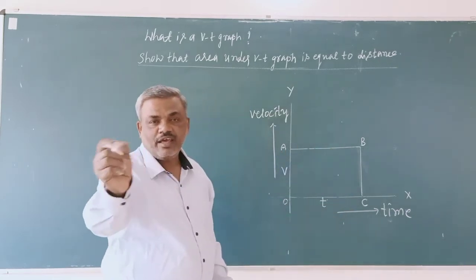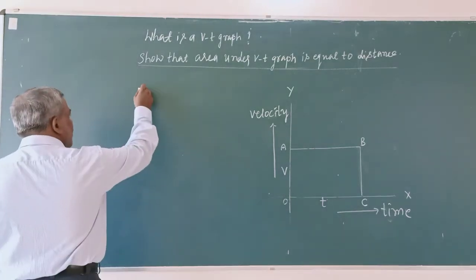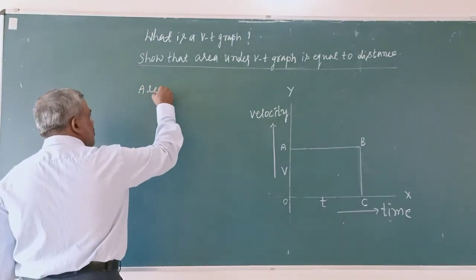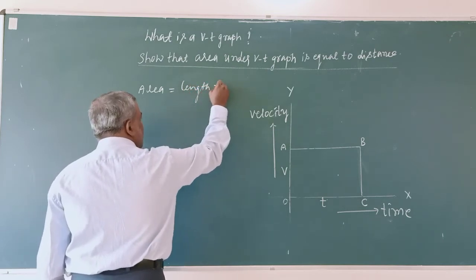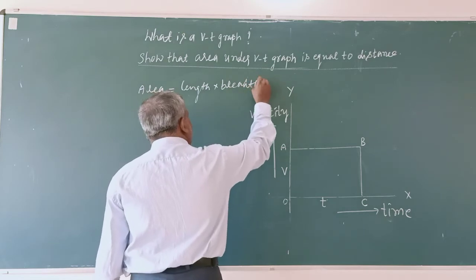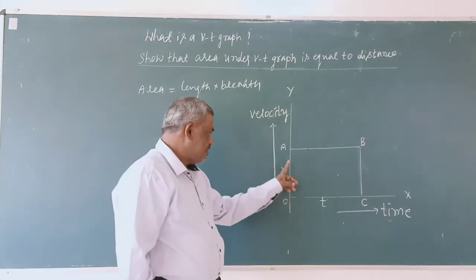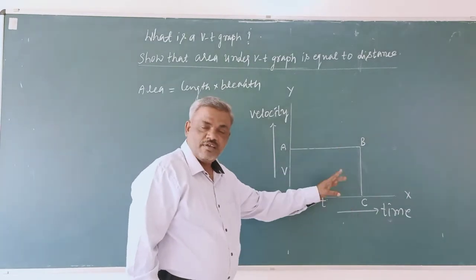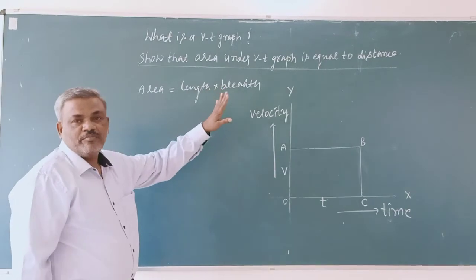OABC is a rectangle. So the area of the rectangle equals length into breadth.